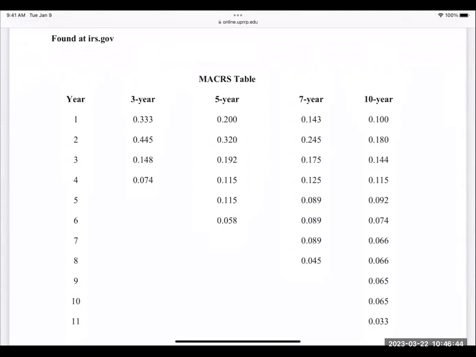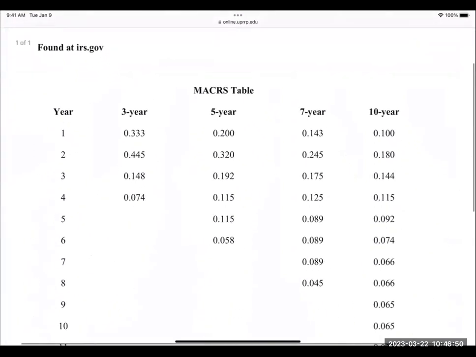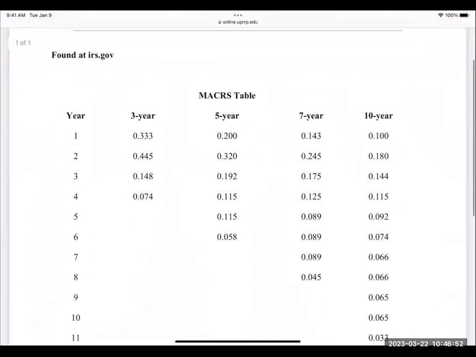Each year you get to depreciate. In this case, for the 7 years, in the first year, it's 14.3% depreciation on the planes that are allowed. Each category applies to a different class of assets.